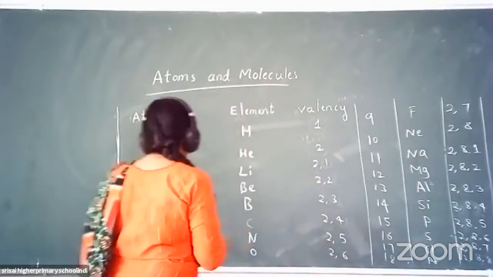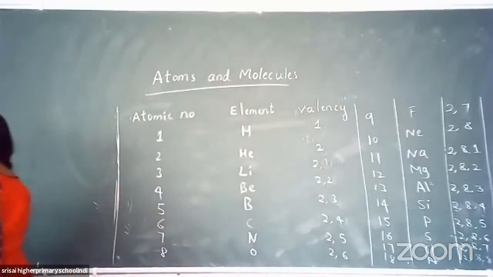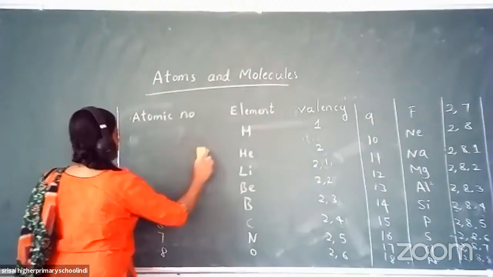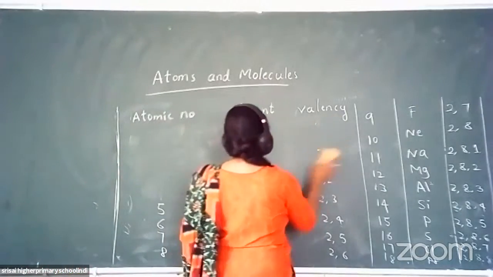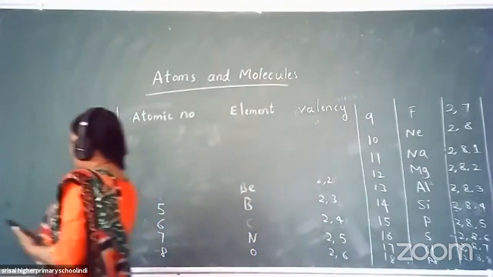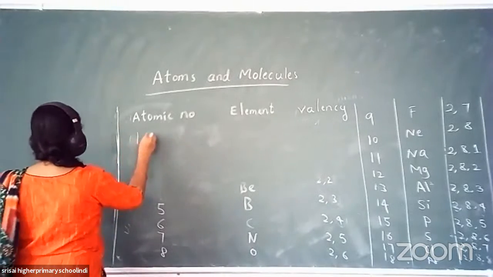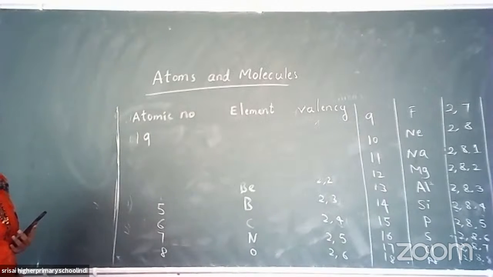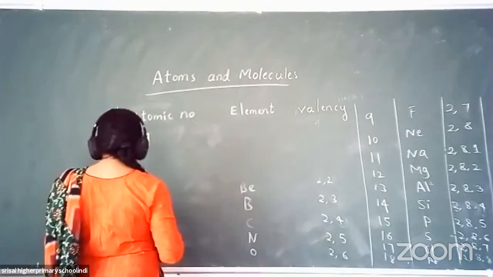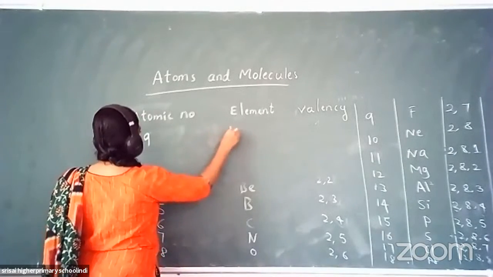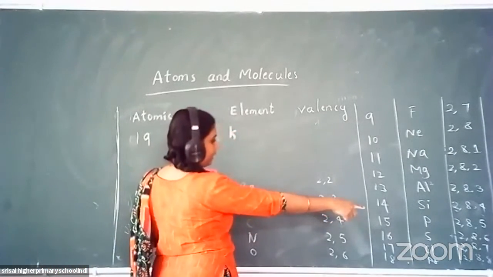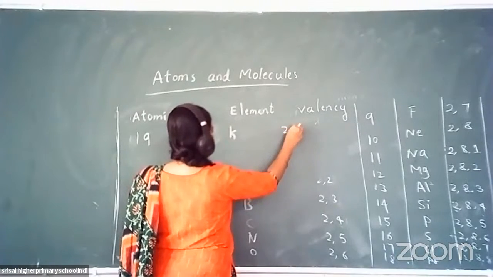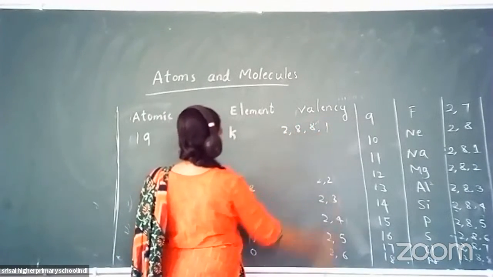Okay. The next, 19, what is it, students? 19 is potassium. Okay, K. So here 2, 8, 8 is going to 2, 8, 8, 1. Okay.